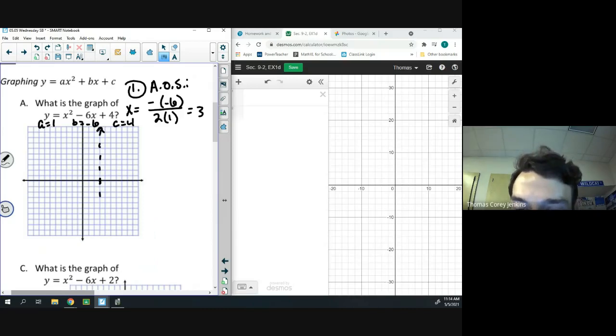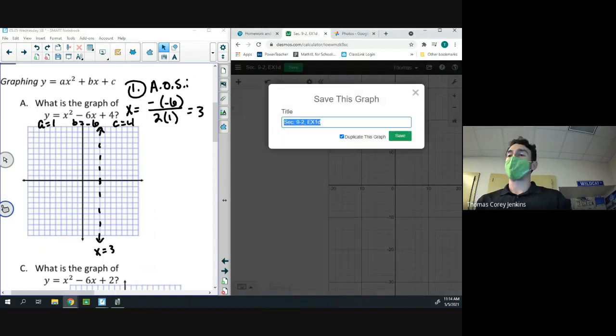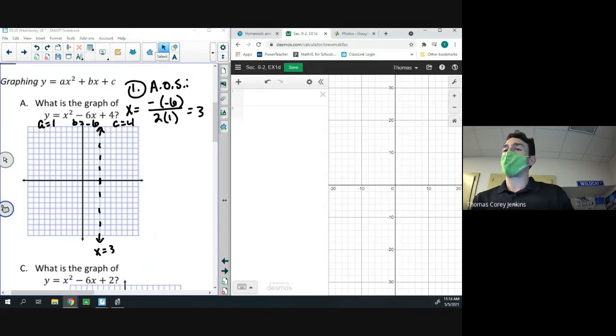We make it dotted because it's imaginary. It's not really part of our graph, but it's more of a guide. Now that we know where the middle of our parabola is, I'm going to go ahead and type it into Desmos. I'm going to type in the function just as I see it.